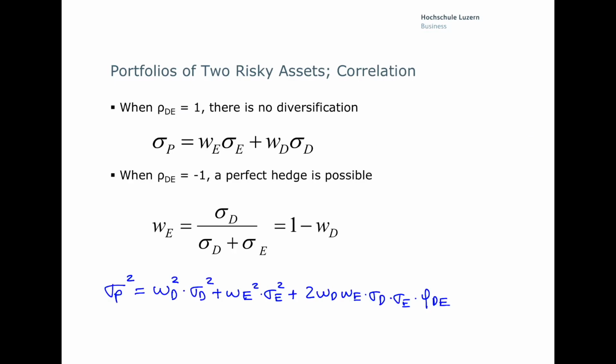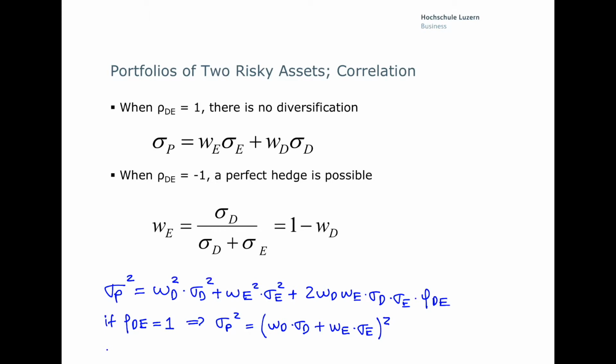Portfolios of two risky assets focusing on correlation. Replacing the covariance with correlation in the previously shown portfolio variance would result in the following formula. If the correlation is equal to 1, the formula can be reduced to the following term.